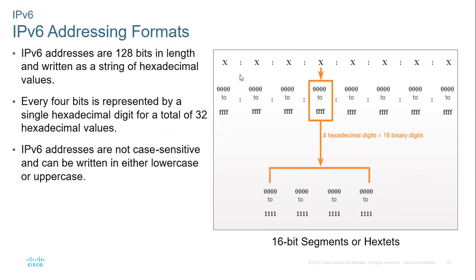Okay, so here, this is the format, very long. As you can see, this is the hexadecimal numbering system, which starts from 0 up to 9, then A, B, up to F. So this is what we have here.